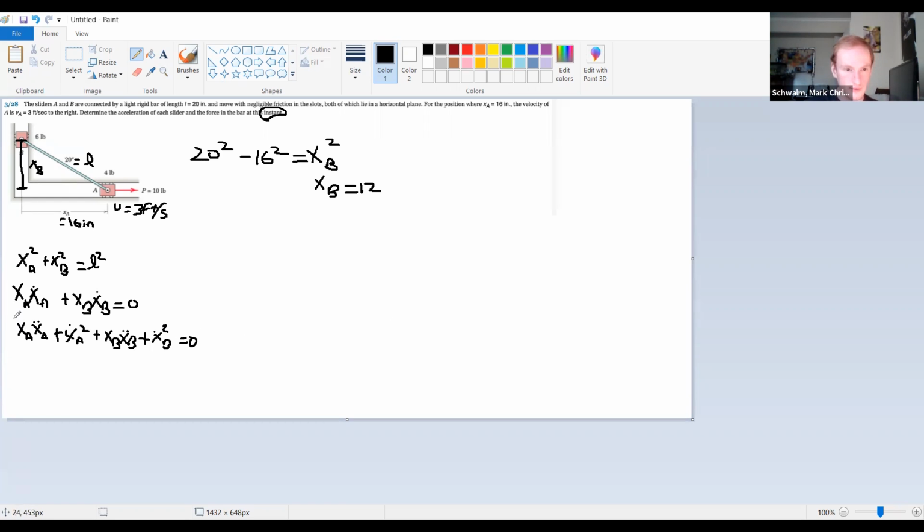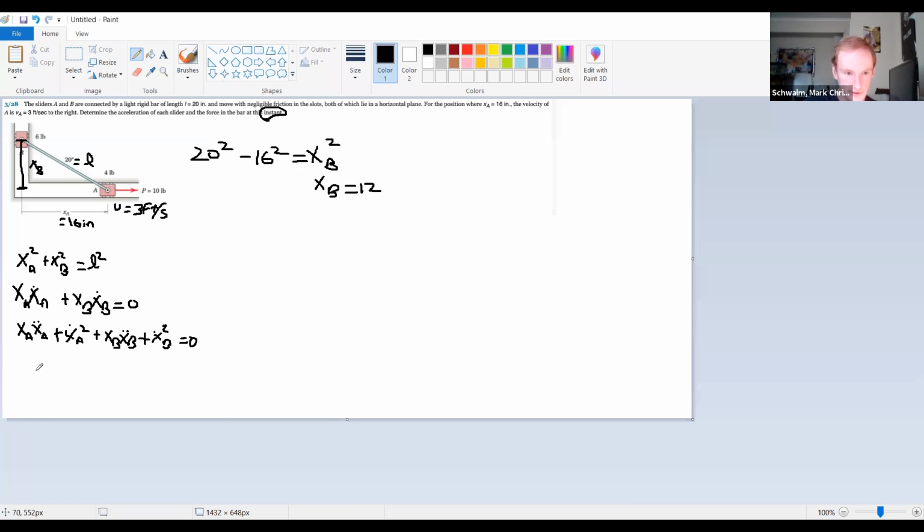All right, so now that we have this acceleration formula, which is what we're looking for, we want the acceleration of each slider. So we have both accelerations that we are going to look for down here: x double dot b and x double dot a. A step that we have to take is to move everything to one side and get one of them by themselves at least.